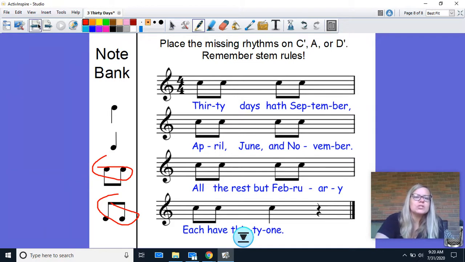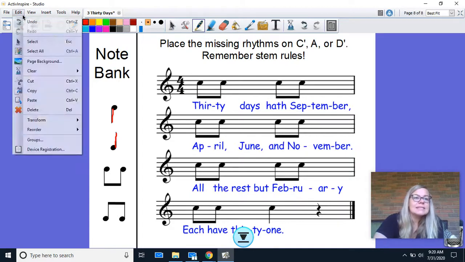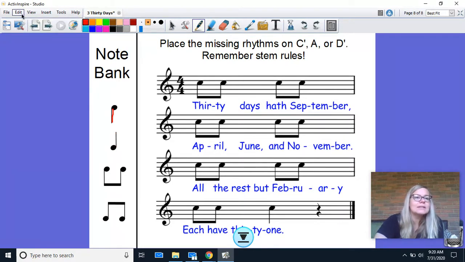Now, you might be wondering, why are some of those stems facing up and why are some of those stems facing down? If you look at this one, this stem is facing down, this stem is facing up. The reason is that after we pass the middle line on the staff, which is this line right here, if the note is on that line or above it, the stem will face down.